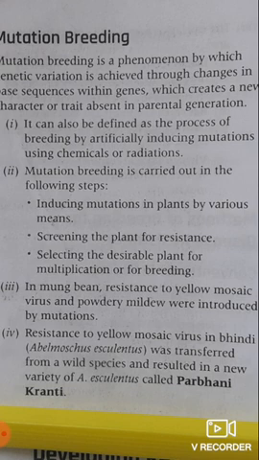Mutation breeding is the process of breeding by artificially inducing mutation using chemicals, basically special chemicals like aniline, and radiations. Generally, mutation breeding is done by adding some chemicals to change the genes, and with these changes in the genes a new variety can be developed, or by using radiations like gamma radiations, due to which mutation also takes place.